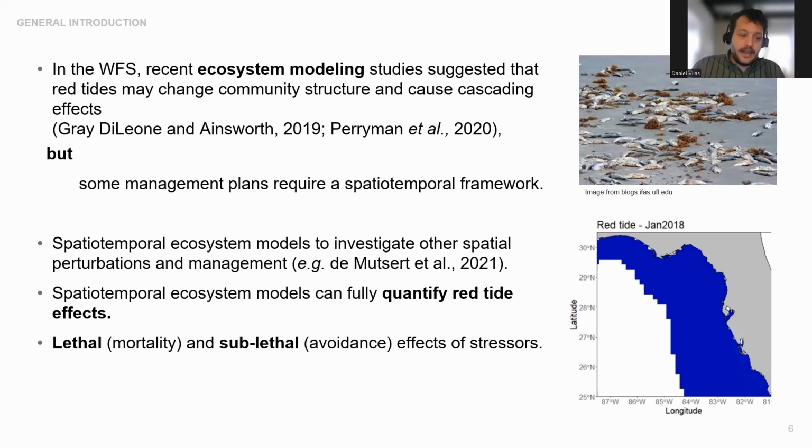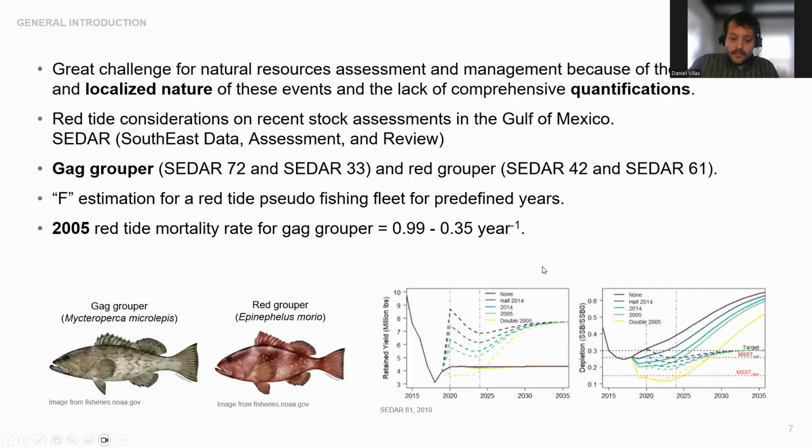To do that, we have to take into account the lethal, or mortality, effect of those red tides, but also the sublethal effects of those stressors, which can represent avoidance of those impacted regions. The localized nature and the difficulty of quantifying the impacts of red tides remain two of the great challenges for the assessment of marine resources in this region.